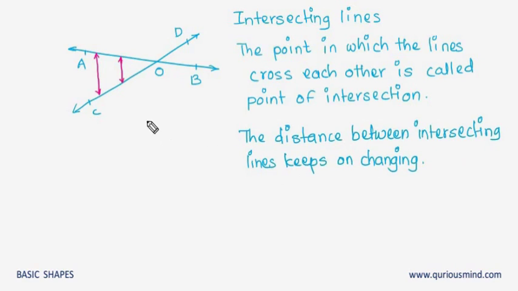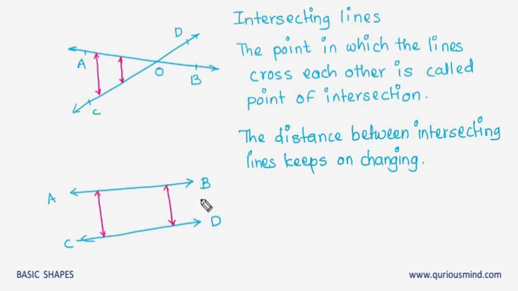There is another pair of lines where this distance does not change. So I have 2 lines and here I find that the distance between these 2 lines does not change. It remains the same every place. And because the distance is not changing, these two lines will never ever cross each other.